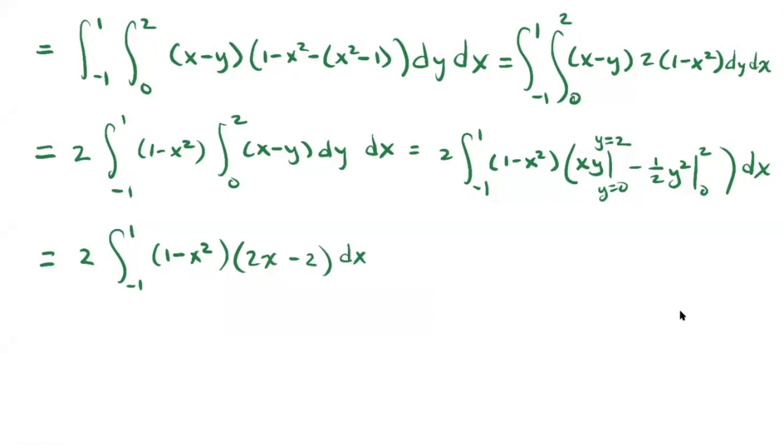Probably take out another 2. I can call it 4, integral from -1 to 1. Now here, looks to me, it's x minus 1, so 1 minus x squared times x minus 1.